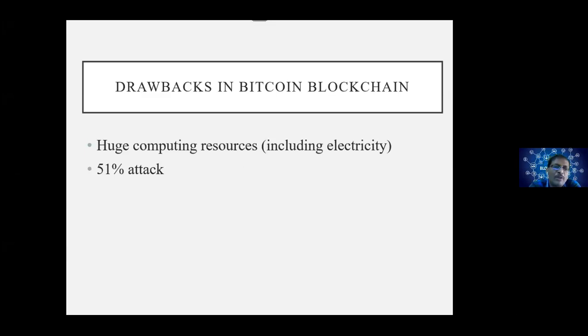It is possible, but the computing resources required are a lot. It may require something like hundreds of crores to do this 51% attack. So it is possible, but it requires a lot of computing resources.